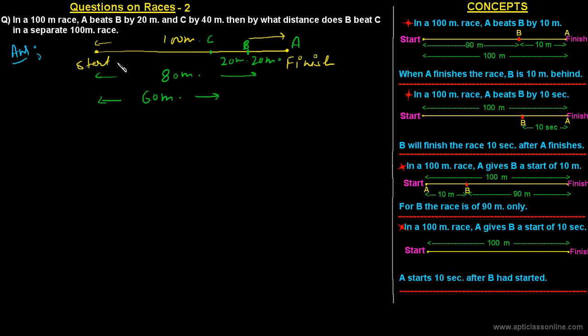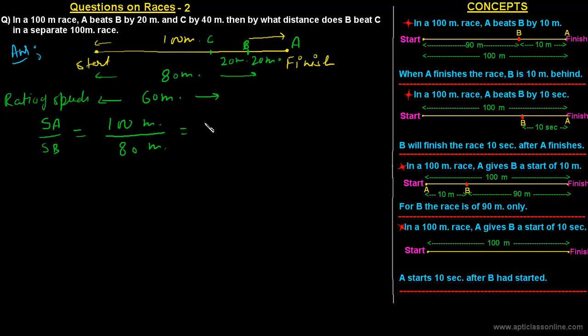With the help of that, we can get the ratio of speeds of A and B. If A beat B by 20 meter, that means SA by SB, that is the ratio of speeds of A and B, is equal to, when A has traveled 100 meter, B has traveled only 80 meter because B is 20 meter behind.